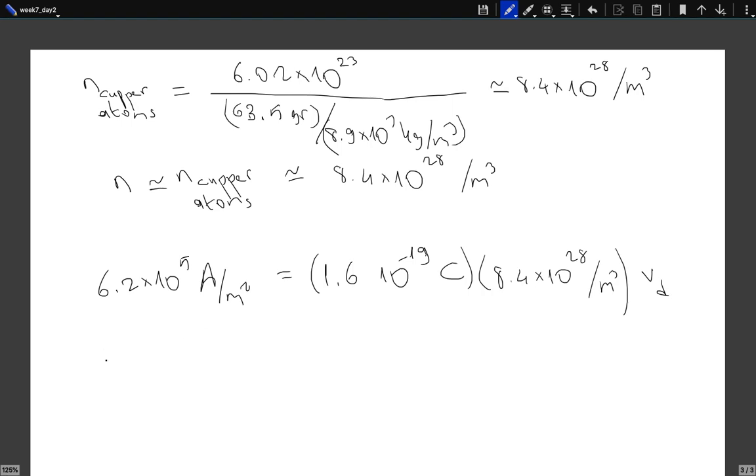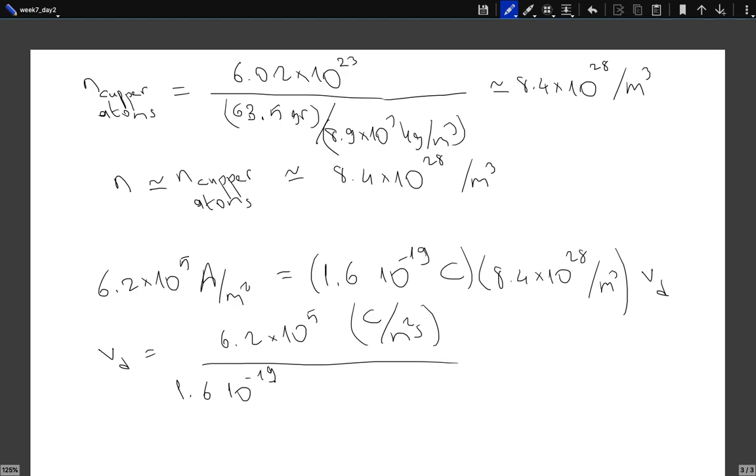Well, the drift velocity will be 6.2 times 10 to the power 5 coulombs per meter squared second, divided by 1.6 times 10 to the power minus 19 coulombs, times 8.4 times 10 to the power 28 per meter cubed.